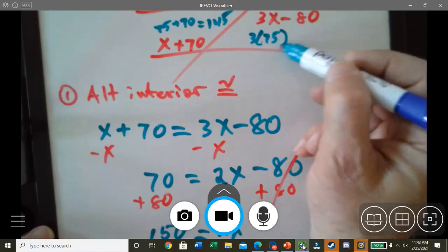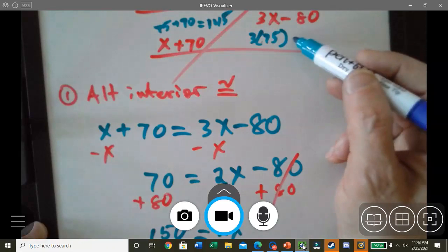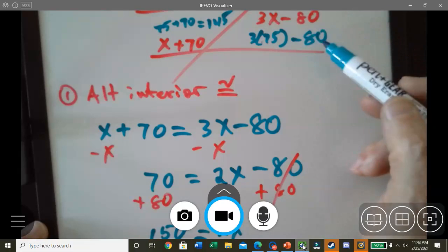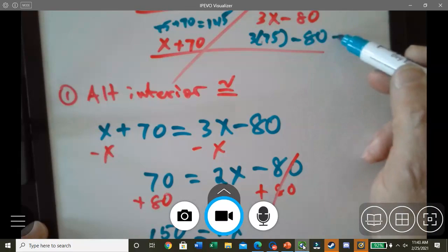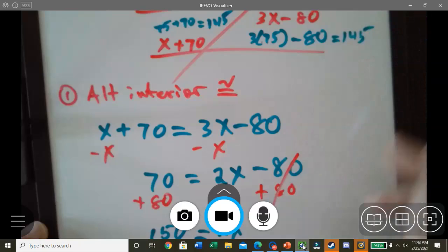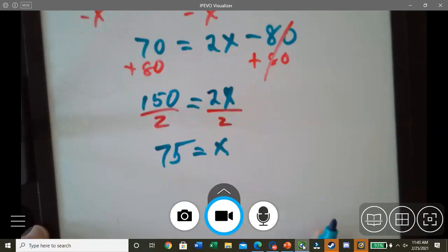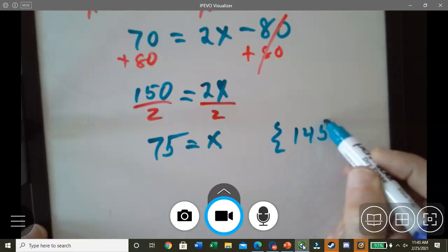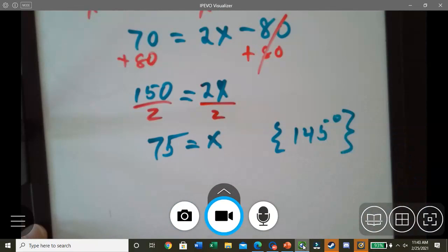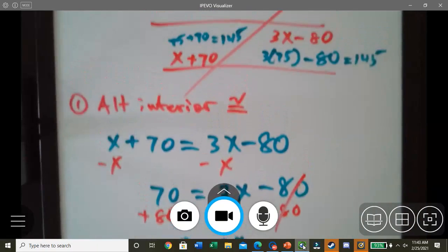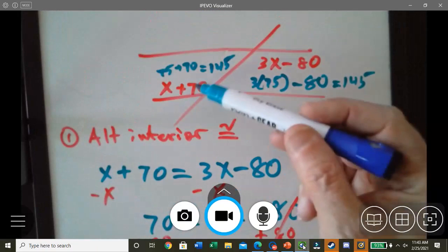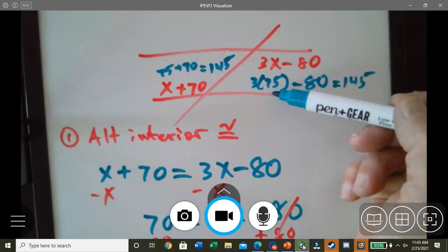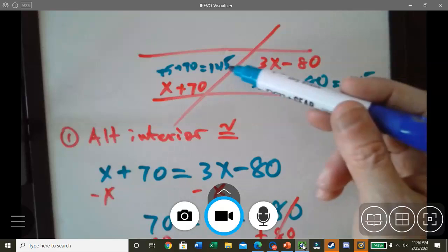So 3 times 75 minus 80. Yeah, so that's also 145, right? Okay, so that's our answer, 145. So you put it into both equations to make sure, because these are alternate interior angles, they are congruent.